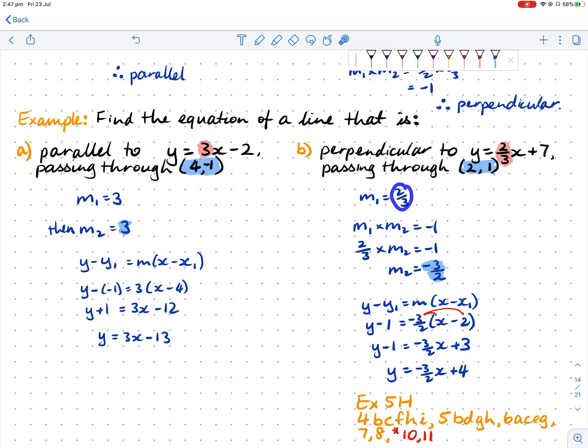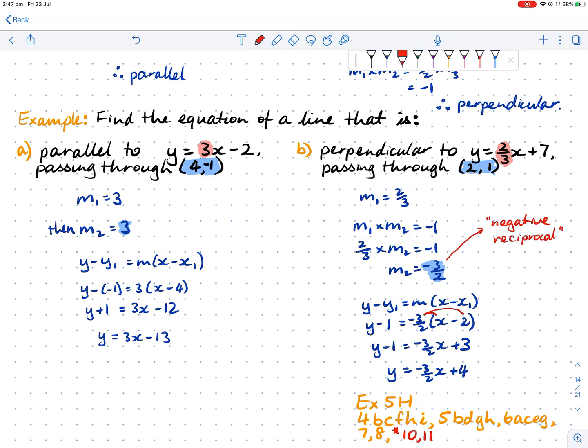You can see that they're reciprocals of each other. Or in other words, if I flip over 2/3, then I get 3/2. So sometimes a word that's used to talk about perpendicular is a negative reciprocal.